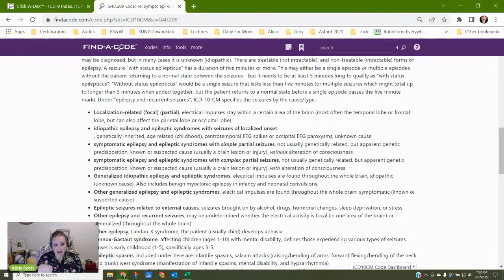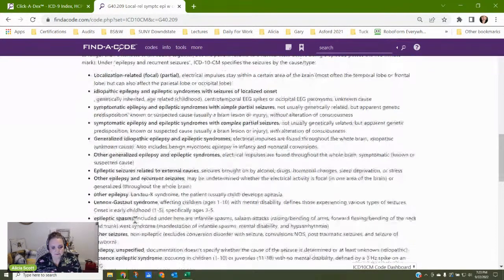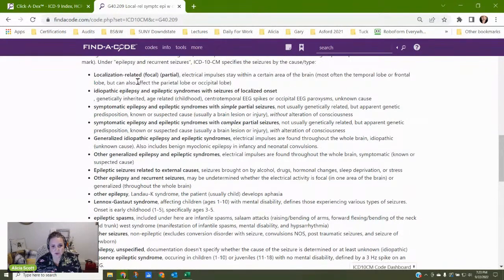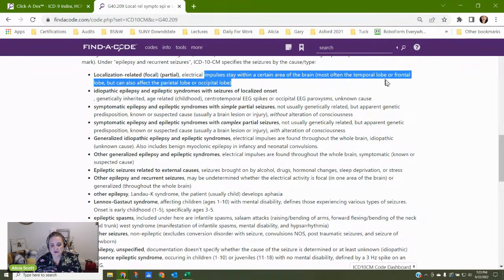However, he has all of this other documentation that states a higher specificity. Maybe he just doesn't know. So he used epilepsy unspecified when in actuality, because of the documentation I see, he says that he's partial. And again, it stays within a certain area of the brain, usually temporal, frontal, and my son's frontal and occipital.